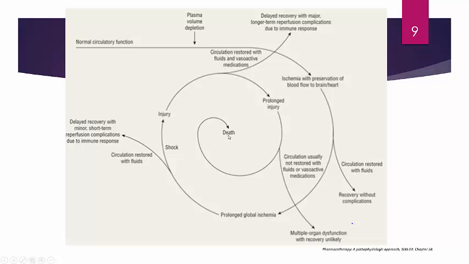So as you see here, it's kind of just a bad spiral that occurs as a result of some kind of plasma loss or blood loss, or some kind of interstitial shunting of blood from the intravascular space to the interstitial space, which we briefly talked about earlier.